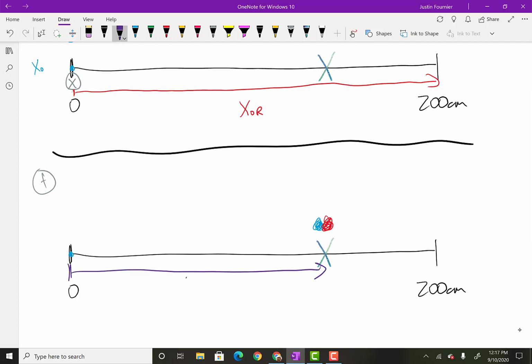This is the final position of the blue car, and it's the final position of the red car. So that's the final position of both cars with respect to my origin, which I made back here, right?